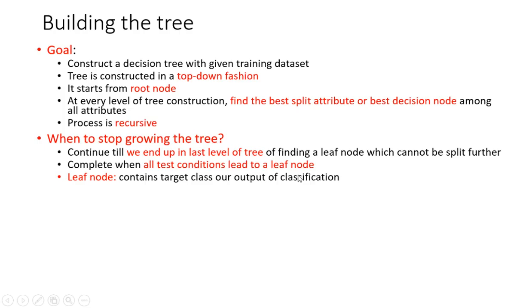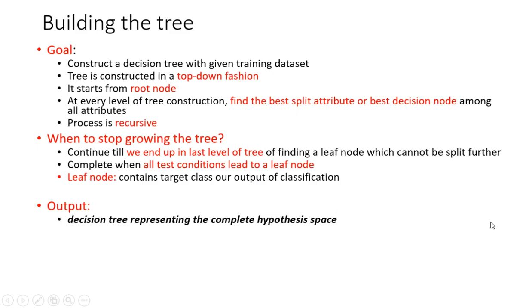All the conditions you have checked in your training data set and you have made your leaf nodes. Based upon that you can stop growing the tree. As I said, a leaf node is your final output node which tells the target class or the output of your classification. What is the output of your tree? The output of your tree is nothing but your decision. You finally have a decision tree which represents your complete hypothesis space.